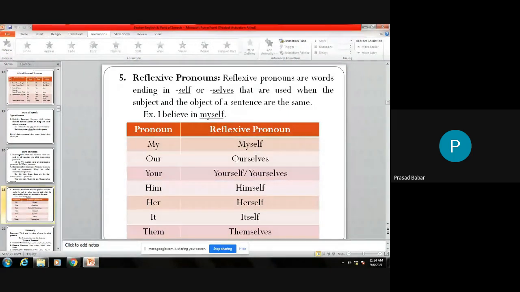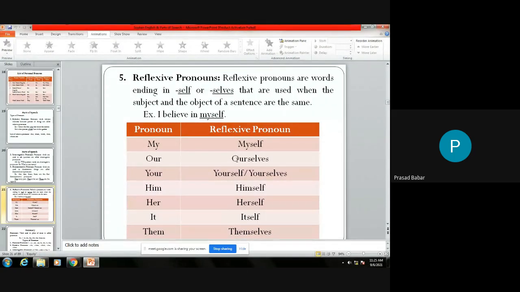There are two types of your, that is singular your and plural your. And if we want to make its reflexive pronoun, then singular your becomes yourself and plural your will become yourselves.